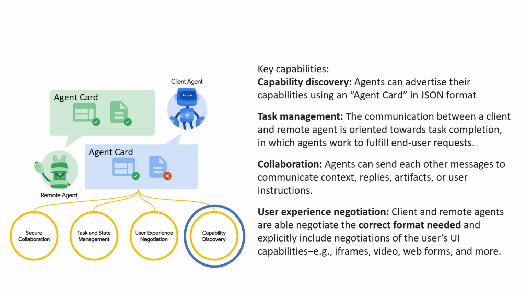One of the key capabilities, one of the fundamental capabilities, is capability discovery, wherein the agents have something called an agent card. This is like the set of abilities that each of these agents has. If you look at this green agent card versus the blue agent card, the green agent card fulfills two of the functionalities.